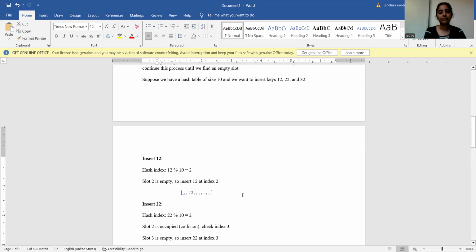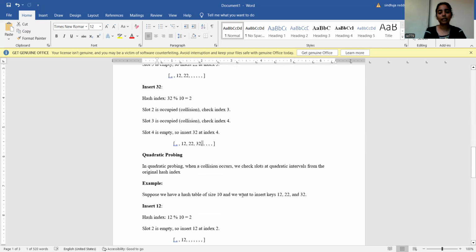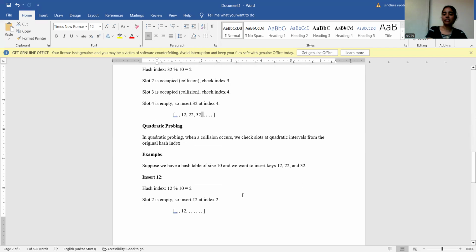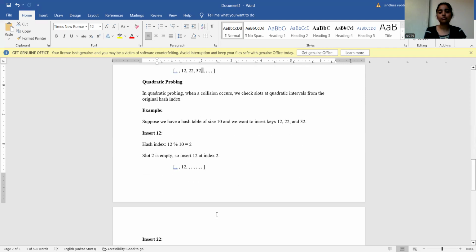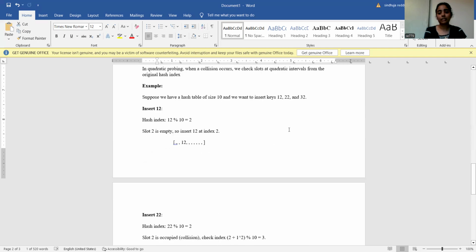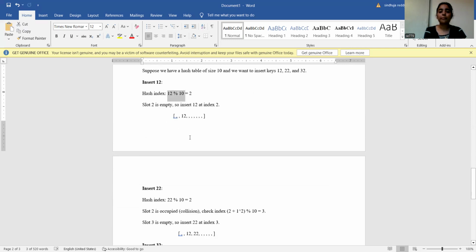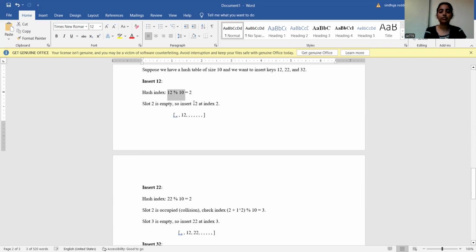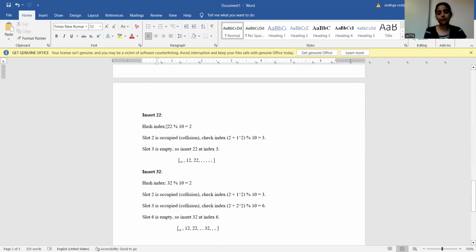In quadratic probing, when a collision occurs, it checks slots at quadratic intervals from the original hash index. Here is the same example, 12, 22, and 32, with hash table size 10. 12 divided by 10 gives 2, so 12 is placed at index 2. Next, 22 gets the same index.